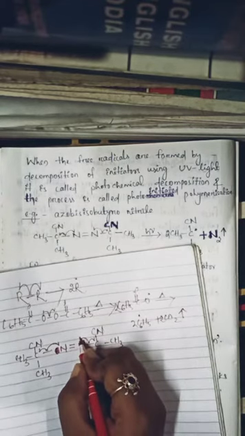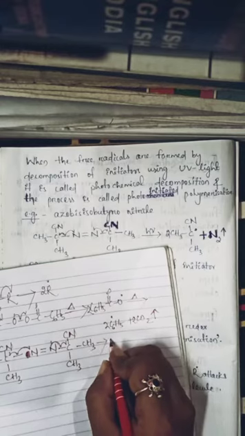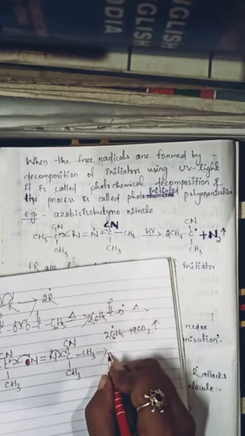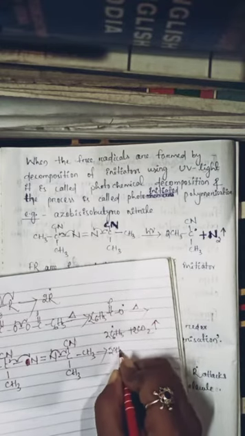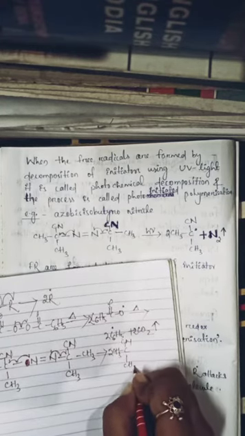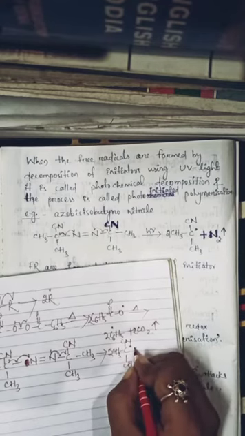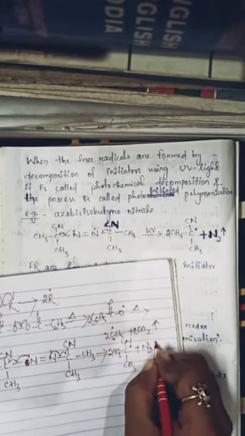This free radical makes a bond, and we get two molecules of CH3 CN CH3 free radical plus N2.